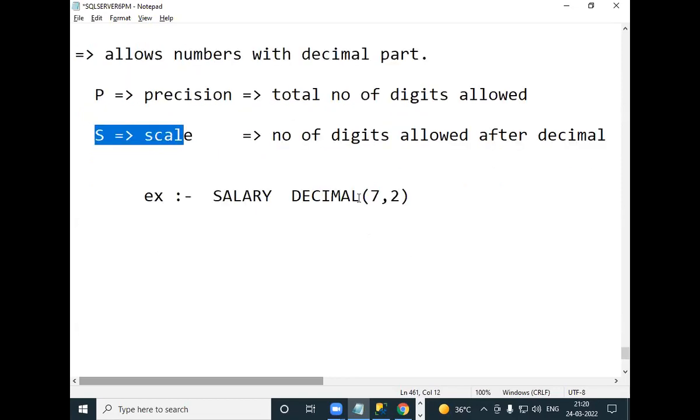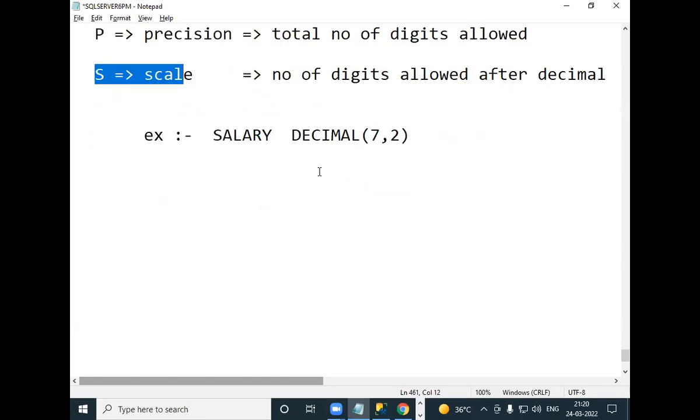That means total number of digits allowed is 7. After decimal, 2 digits. Before decimal, 5. 7 is not before decimal. 7 is total. Total digits 7. After decimal, 2 digits. Before decimal, 5 digits.